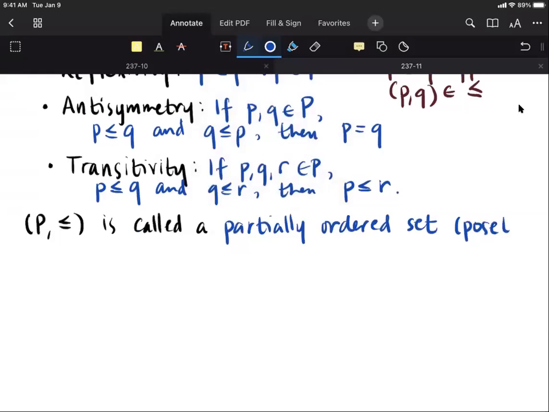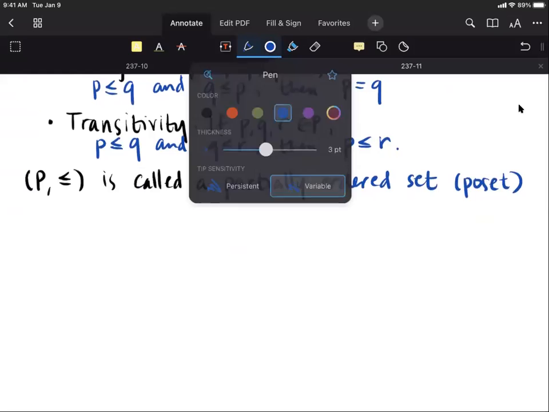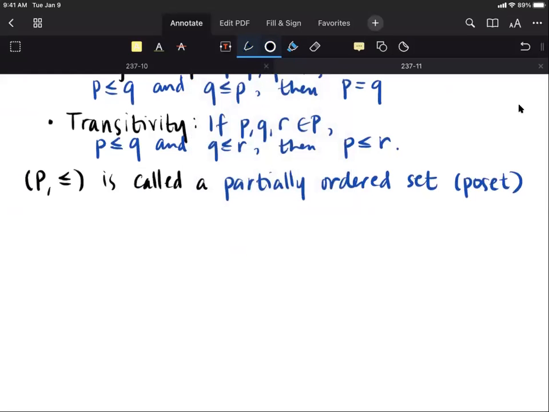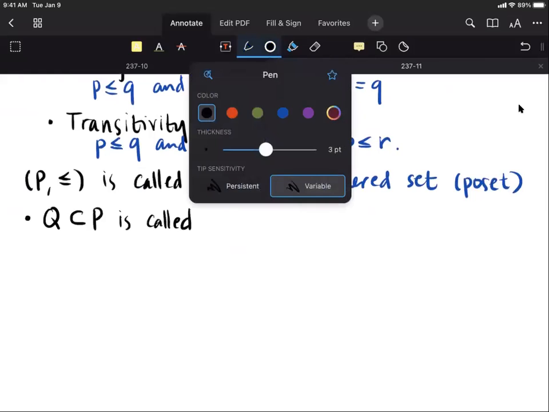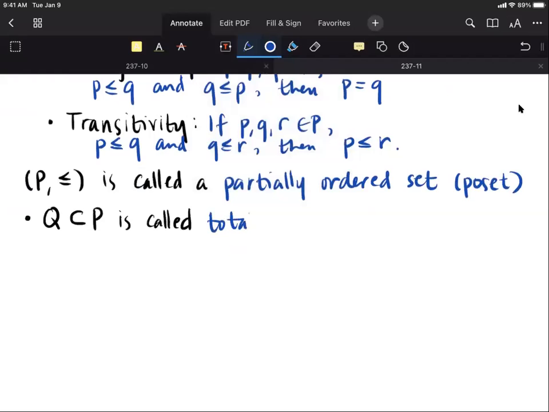Or sometimes it is called a poset. Further definition: we say that a subset Q of P is called totally ordered if every pair is comparable. Every pair of elements in Q are comparable.